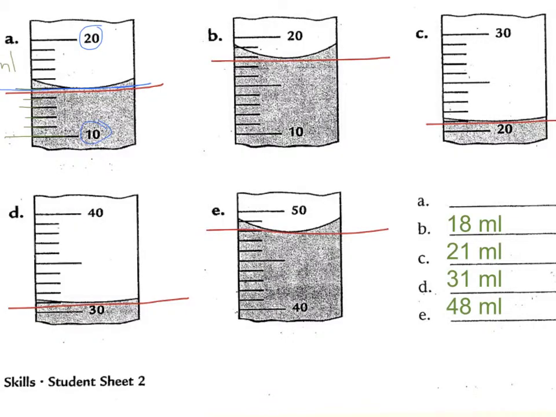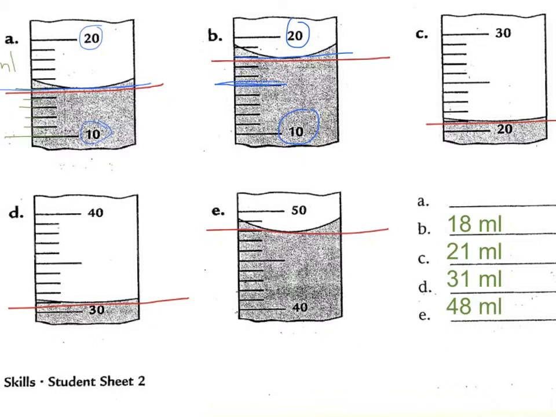For B, C, D, and E, you're going to go through the similar process, find an approximate volume, and then find the actual volume. So for B, the meniscus is right at this line here, and you can see it's between 10 and 20, much closer to 20.